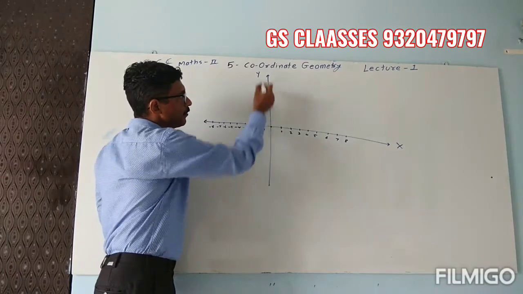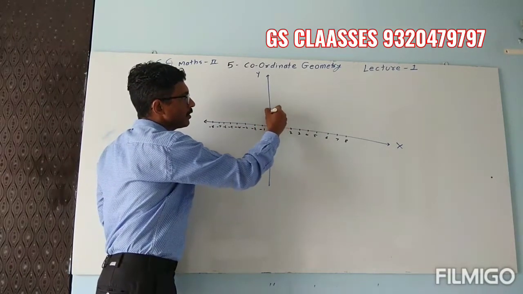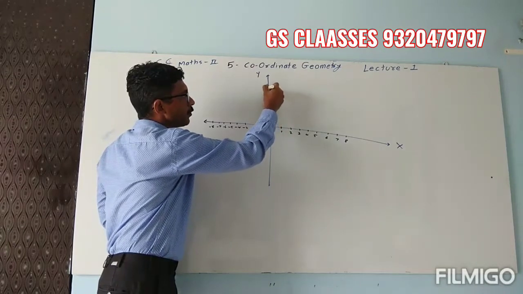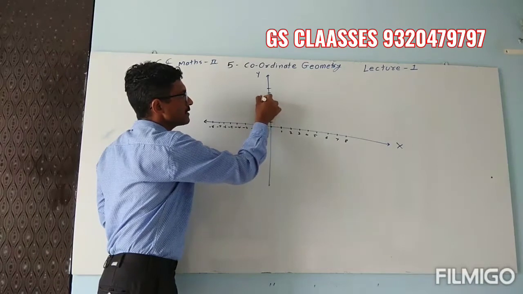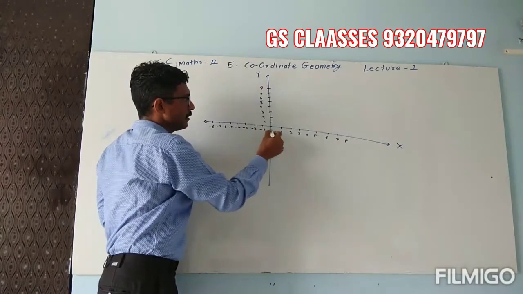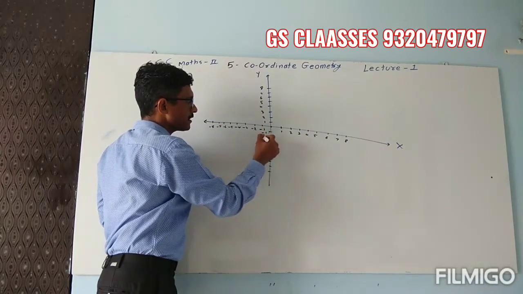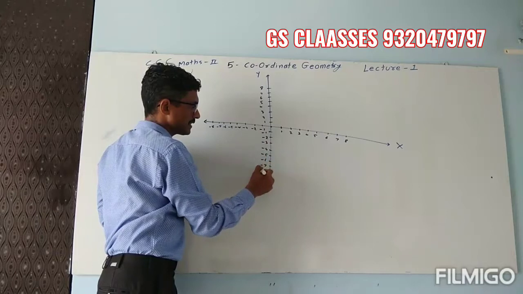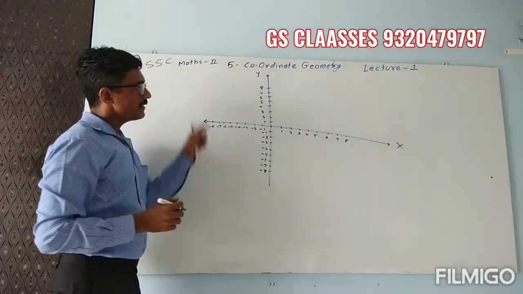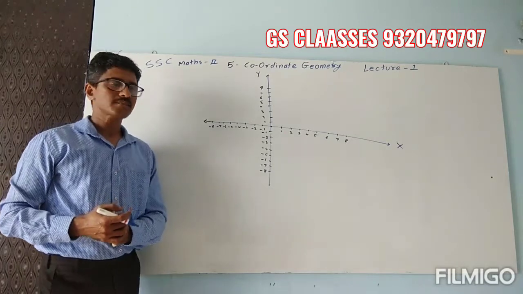Similarly, for the y-axis, this side denotes the positive numbers 1, 2, 3, 4, 5, 6, 7, 8, and the downside -1, -2, -3, -4, -5, -6, -7, -8 indicates the negative numbers.